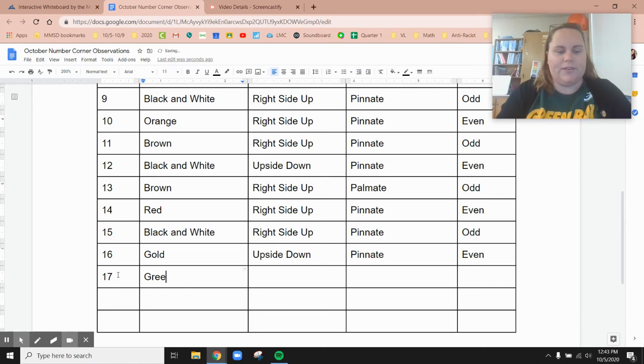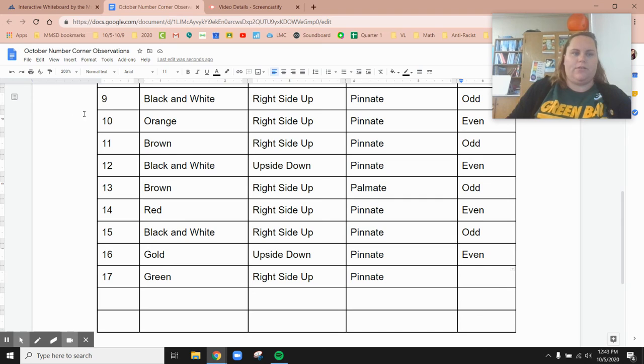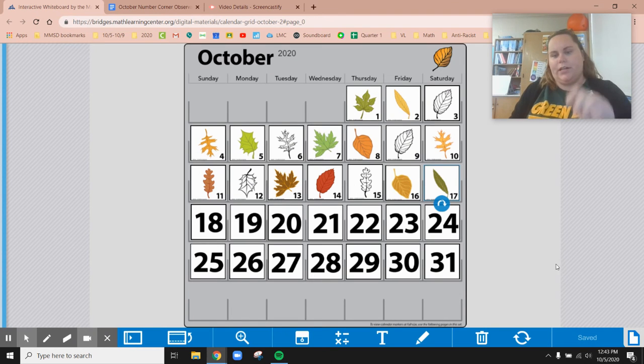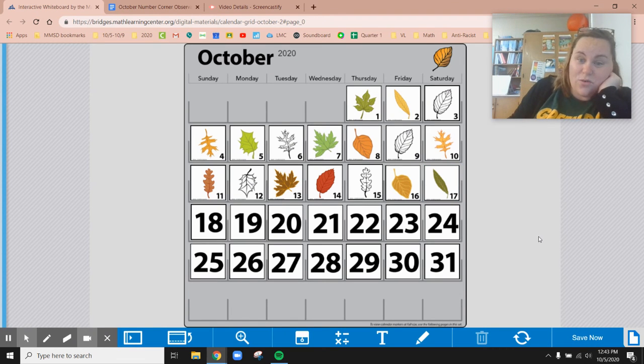We said our leaf is gold. No, it's green. Gold was the day before. We said it is right side up. It is a pinnate leaf because it reminds me of a feather for sure. And then, do we think it's odd or even? What do you think? So if I come over here, I'm going to look. Is it odd or even?